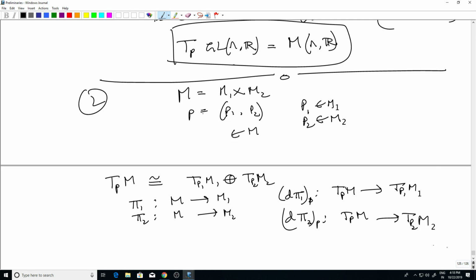The claim is that if I combine these two projections, I'll get the isomorphism that I'm looking for.